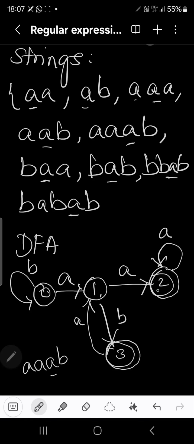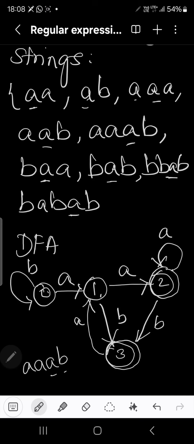For the third A, the transition is from 2 to 2. The fourth character is a B. For that there is no transition, but this is a valid string. So we need to add that transition also. From state 2, we will add a transition on input B to state 3. So AAAB will also be represented using this DFA.